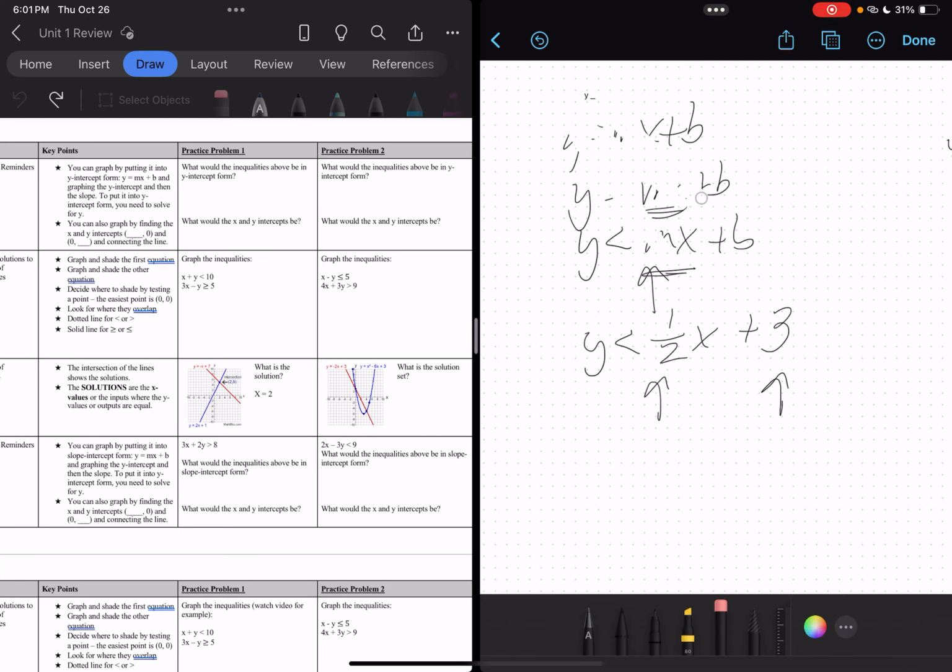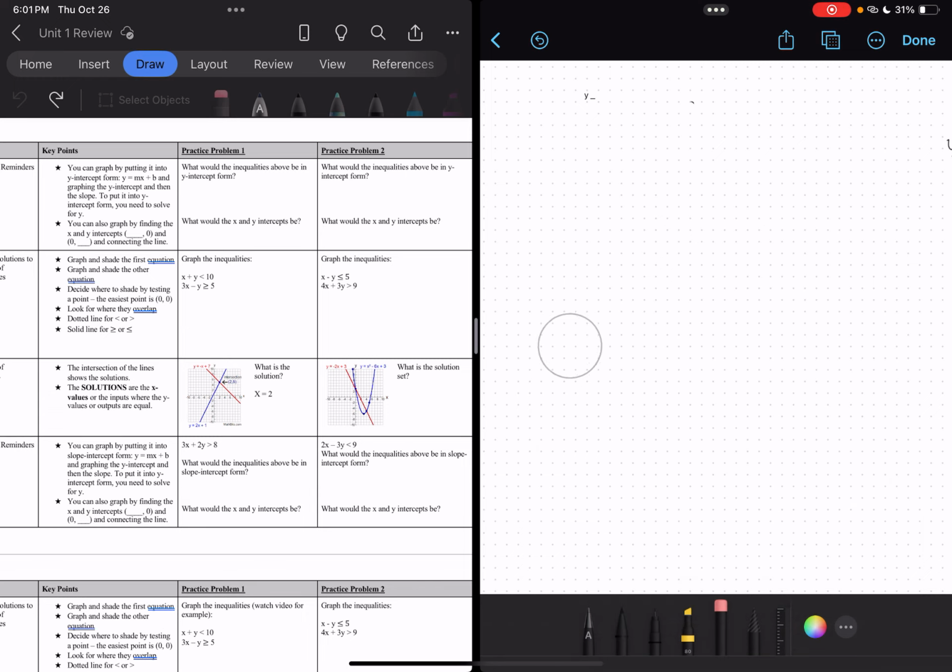The other piece is if you are trying to solve for your y-intercept and your x-intercept, you make the other variable 0. If you make x 0, that will give you your y-intercept. If you make y 0, that will give you your x-intercept.